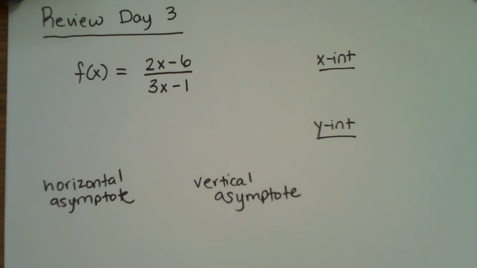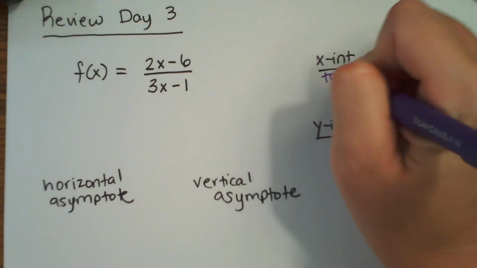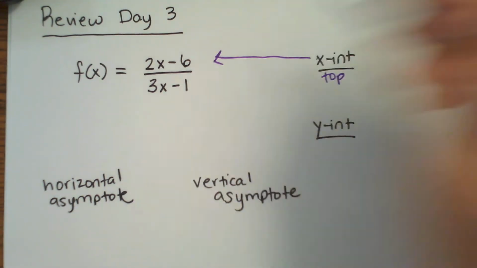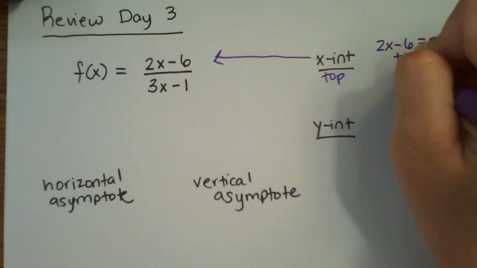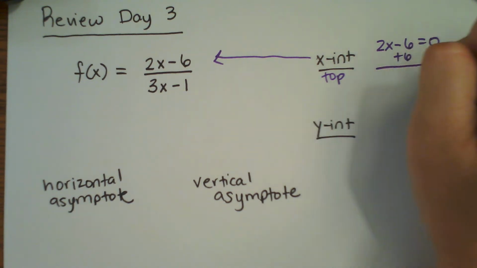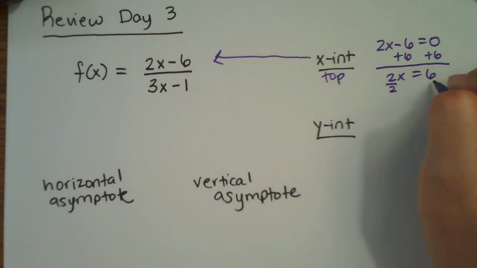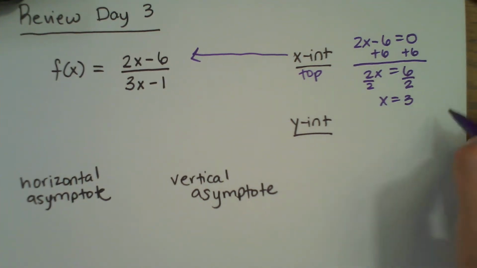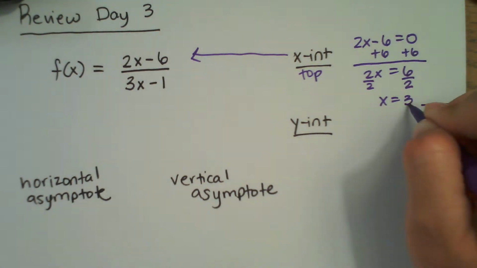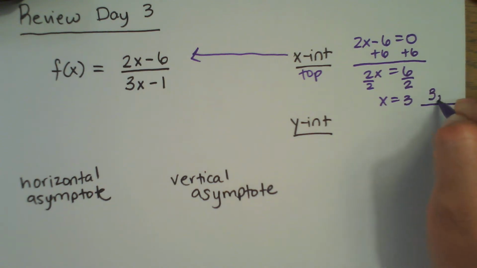Each piece of information comes from a different location on the function. The x-intercept comes from the top of the fraction. You set it equal to 0 and you solve. The x-intercept will be written as an ordered pair. So I get 3 as an answer, but it's going to be 3, 0.